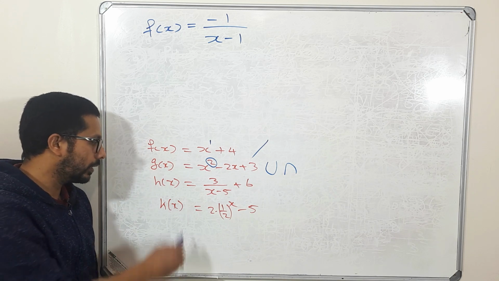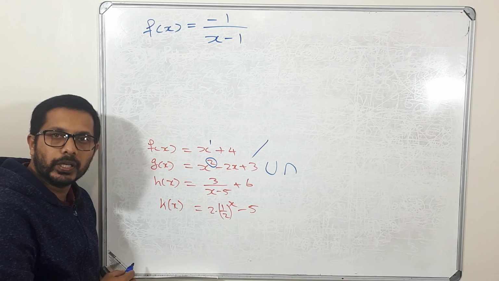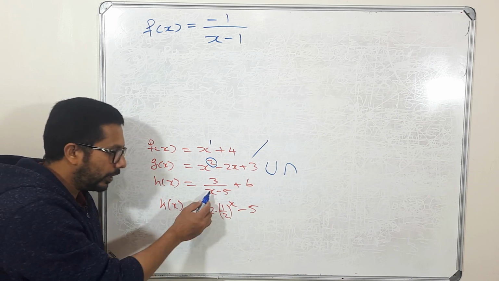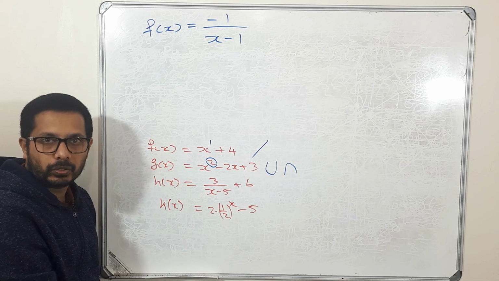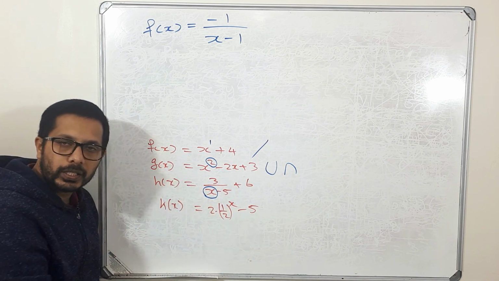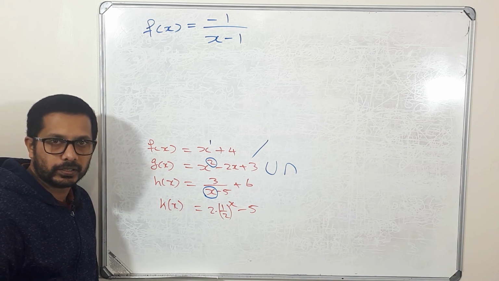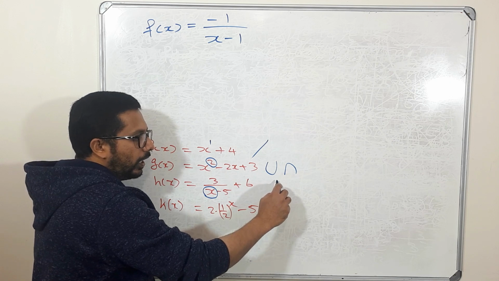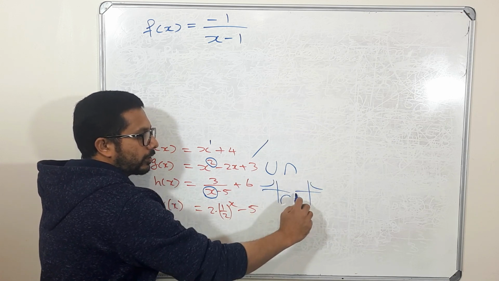Parabola. Then h of x is equal to 3 divided by x minus 5 plus 6. Where is the variable now? The variable is this x, and that variable is in the denominator. If the variable x is in the denominator, then that is a hyperbolic function, either like this or like this.